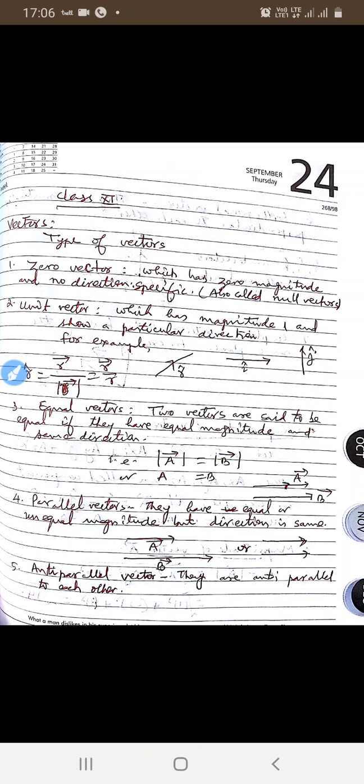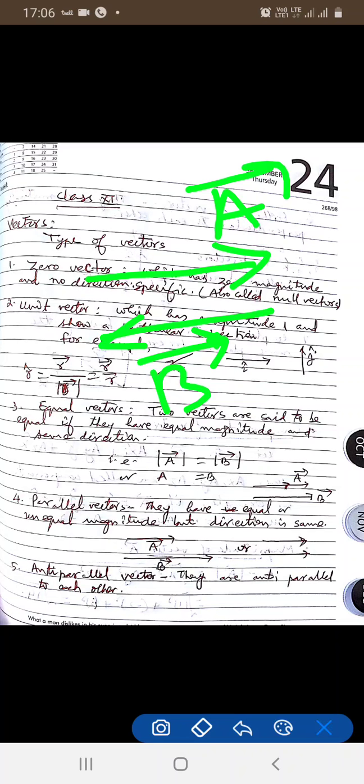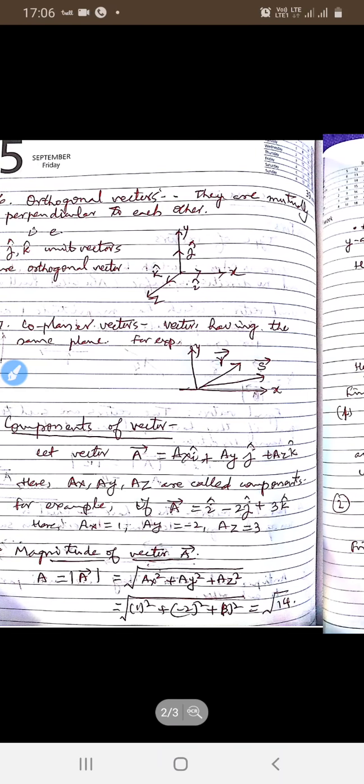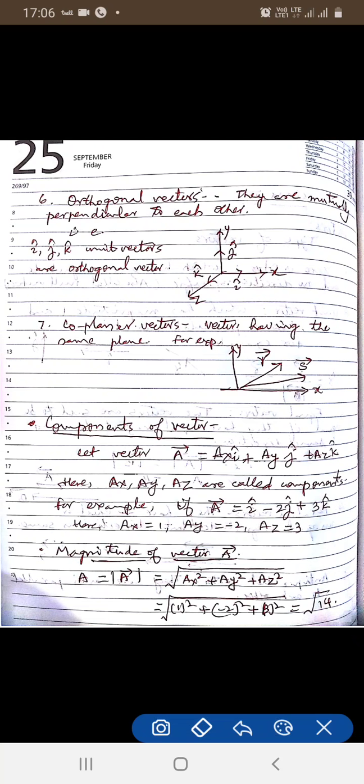Okay. Anti-parallel vectors, like here is vector A and here is opposite vector B, opposite direction. So, we can say vector A and vector B are anti-parallel. Now, next, orthogonal vector, as explained, they are mutually perpendicular.